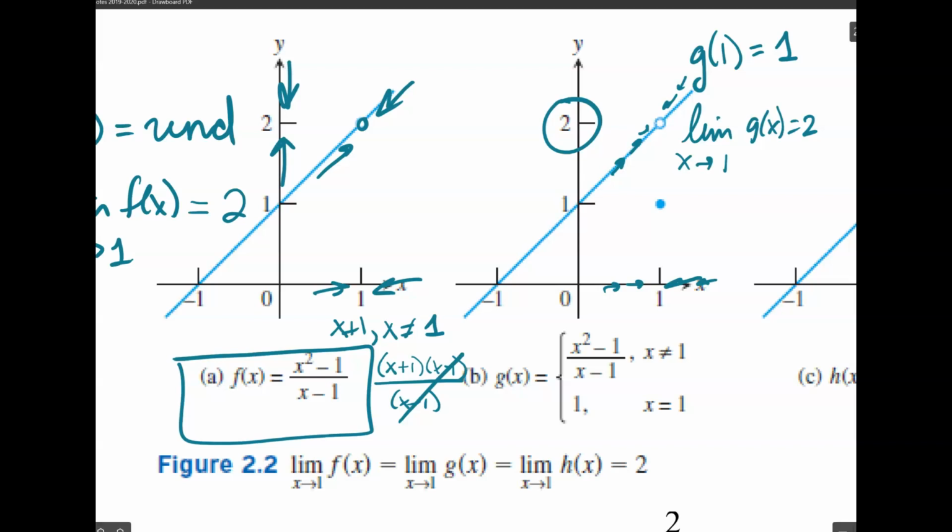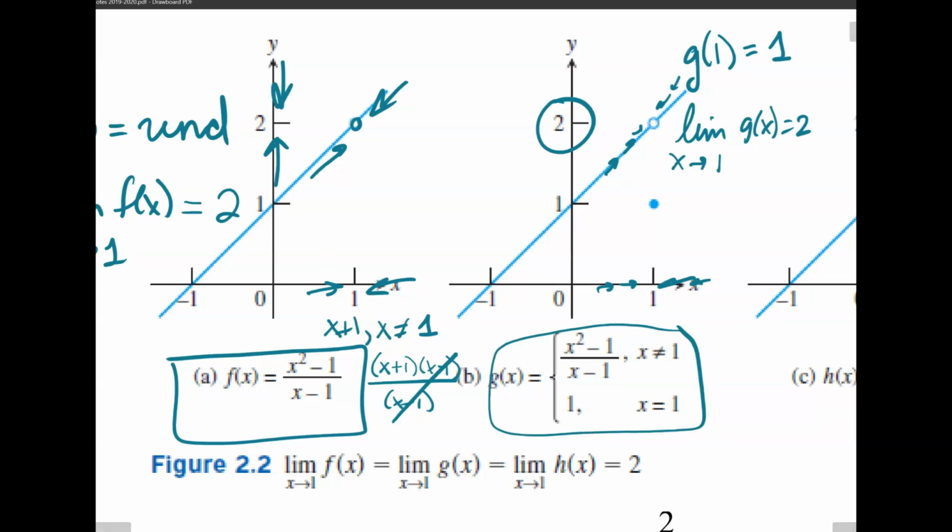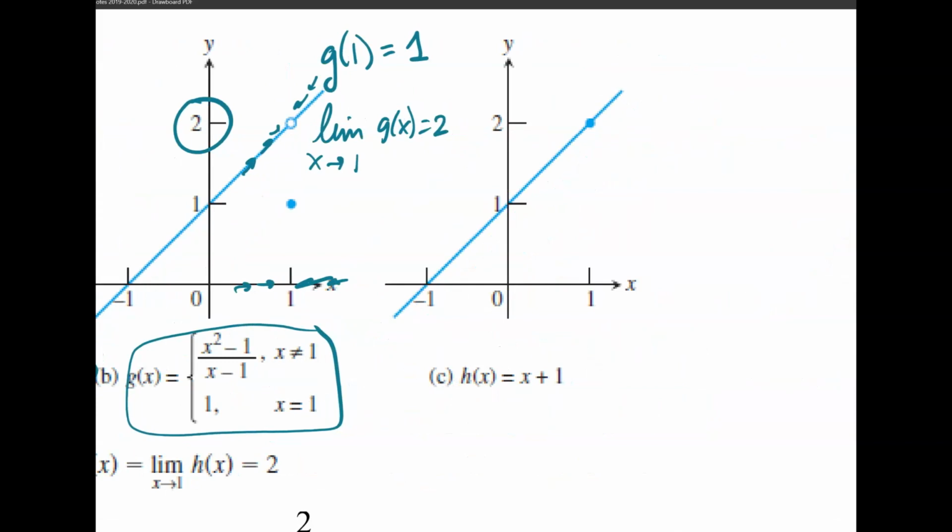So this is a piecewise function. It's the function we just had, except I now have a value at x equals 1. Interesting. If I say h of 1, I see it's actually 2.